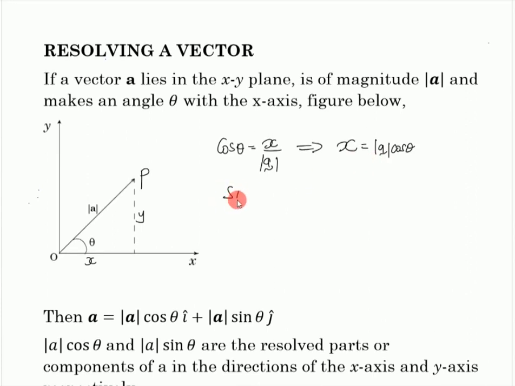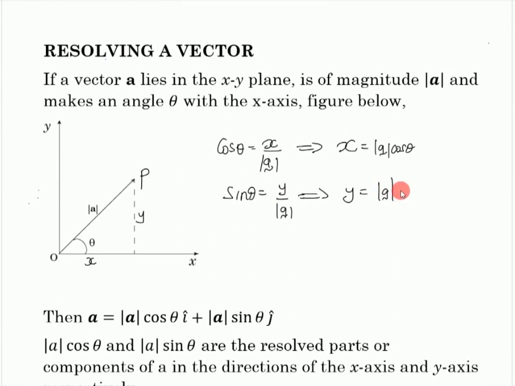Sine theta is equal to y, which is opposite, divided by a. The implication is that y is equal to the magnitude of the vector times the sine of theta, making x and y the subjects of the formulas.